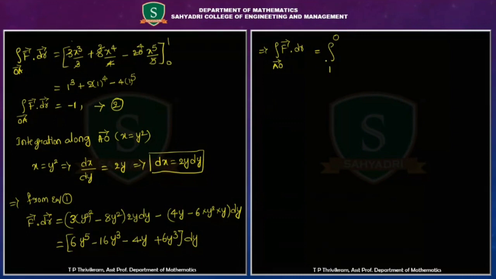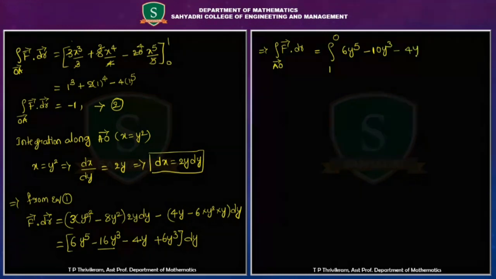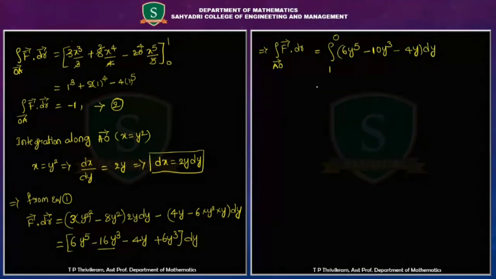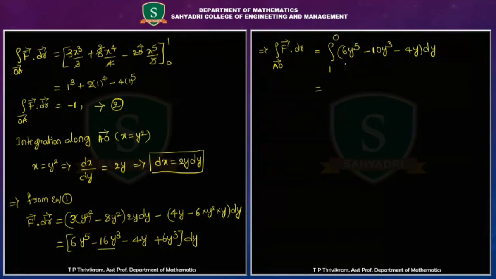Okay, so f dot dr value we got as 6y power 5 minus 16y cube plus 6y cube, so you'll get minus 10y cube. Next minus 4y into dy. So do the integration. How much will you get?